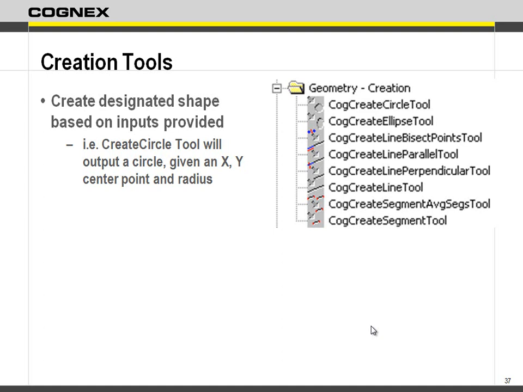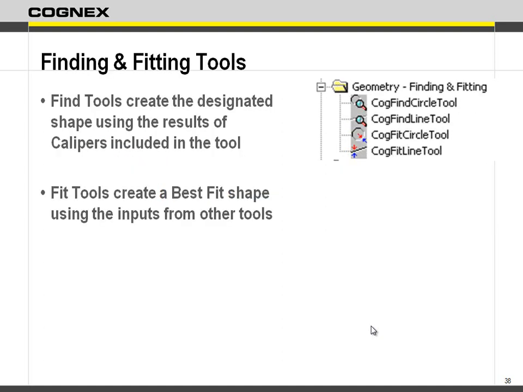This might be a shape that I will then use with something else, like measuring the distance between this shape that I've created and another line that's there. So it's allowing us to create some type of shape and place that on our application. Now we also have finding and fitting tools.